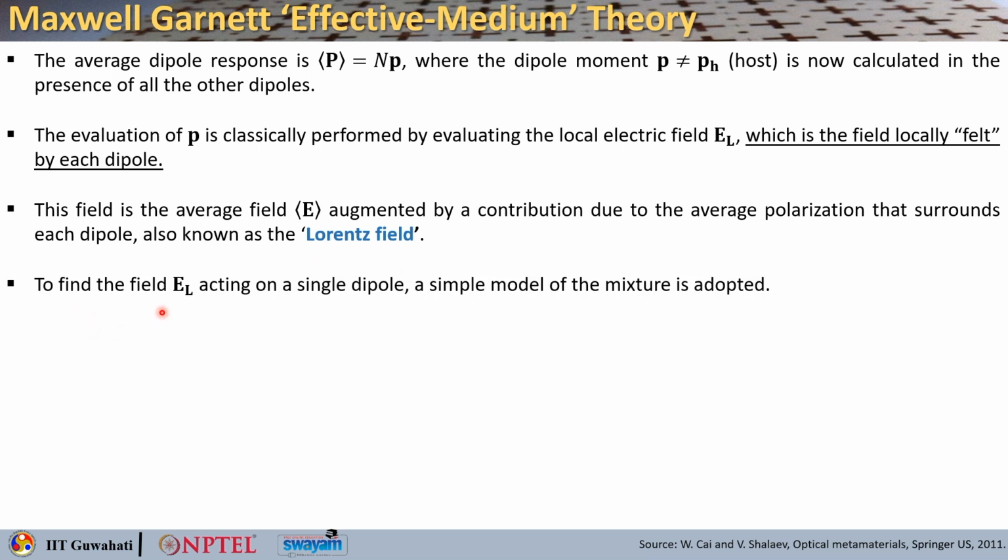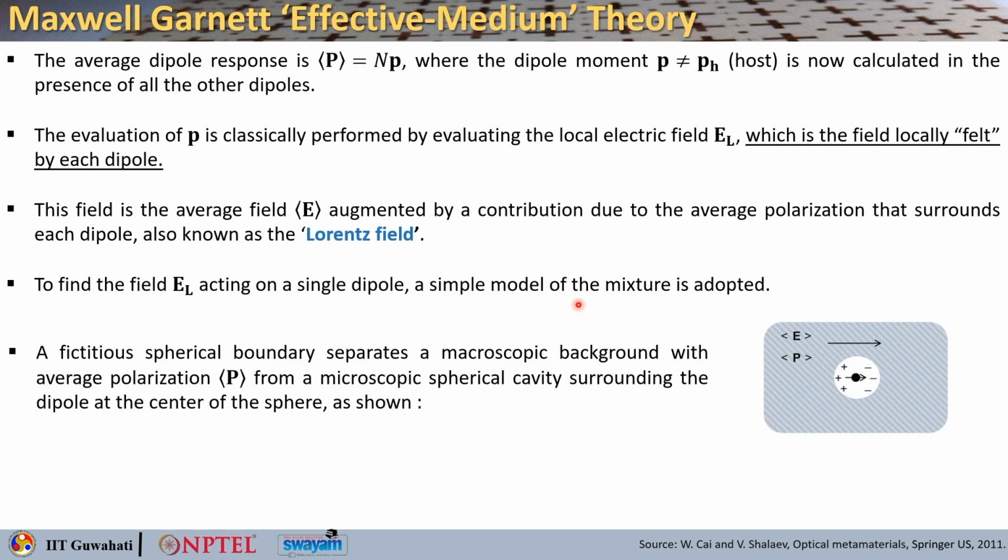Now, to find this particular local electric field which is acting on a single dipole, a simple model of the mixture can be adopted. So, let us assume this particular scenario where a fictitious spherical boundary separates the macroscopic background with average polarization P from a microscopic spherical cavity that is surrounding the dipole at the center of the sphere.